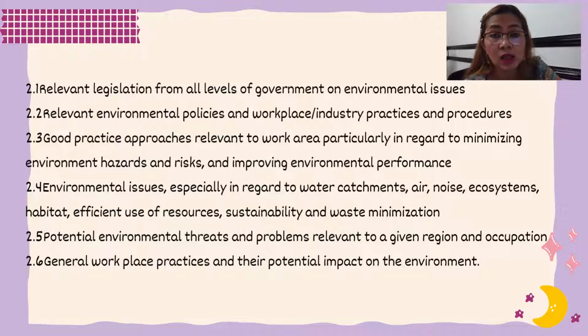So they should have knowledge on all the relevant legislation. Then relevant environmental policies and workplace or industry practices, procedures, knowledge on good practices, approaches relevant to work area, particularly in regard to minimizing environment hazards and risk and improving environmental performance.